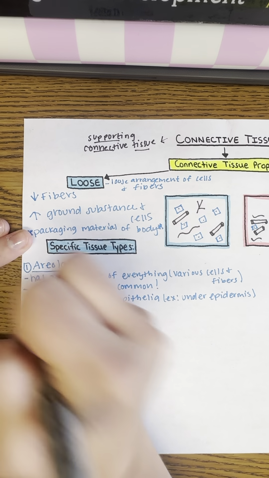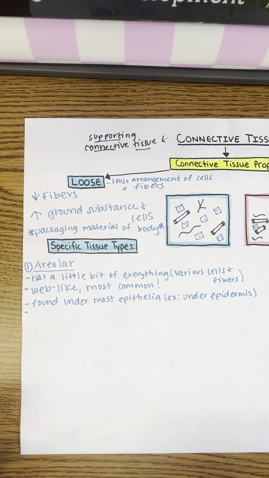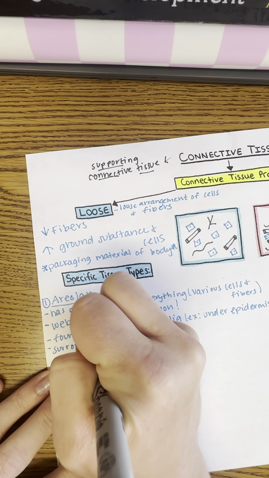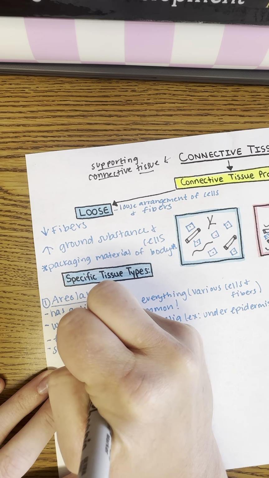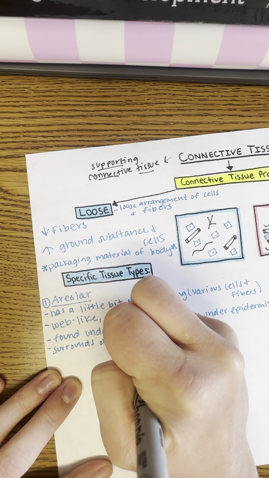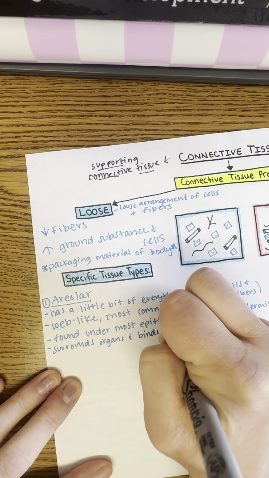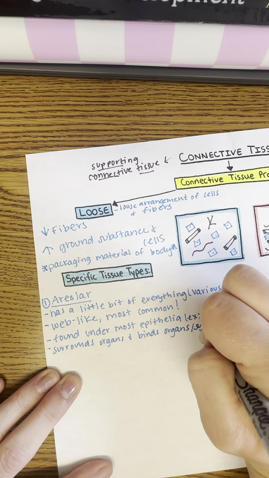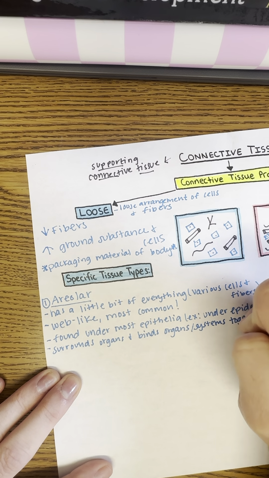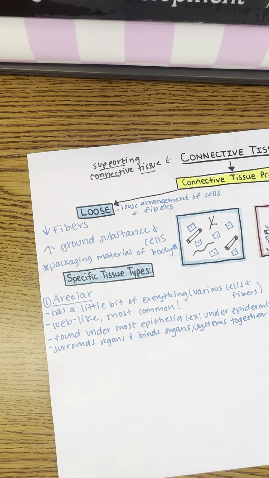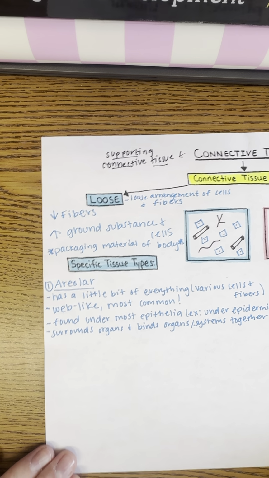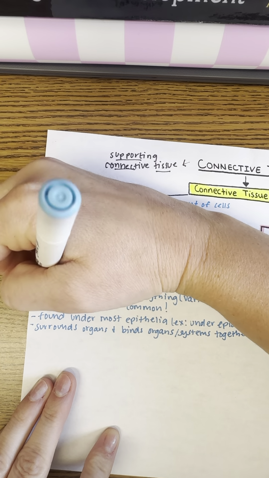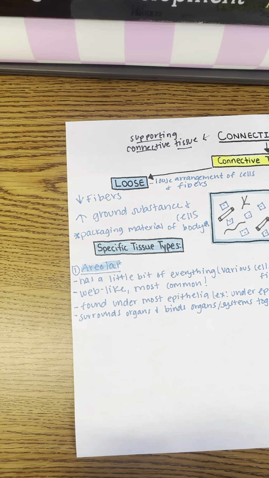One other place we can find areolar connective tissue is that it surrounds organs and binds organs or organ systems together. Okay, so that is our first specific tissue type, areolar connective tissue.